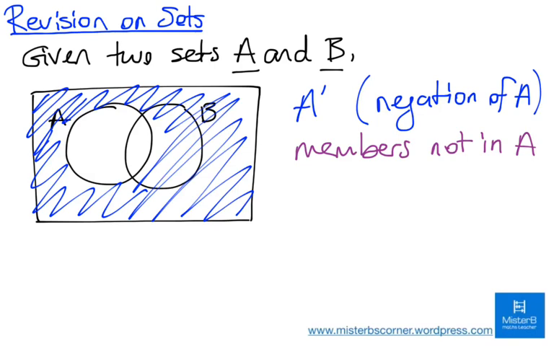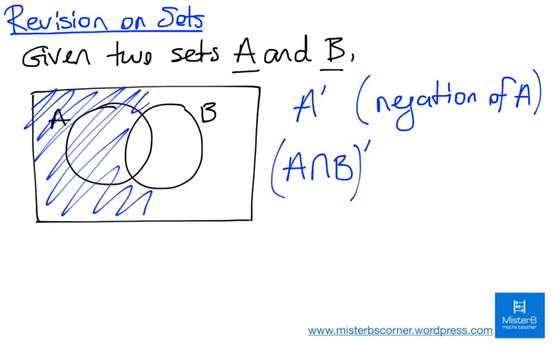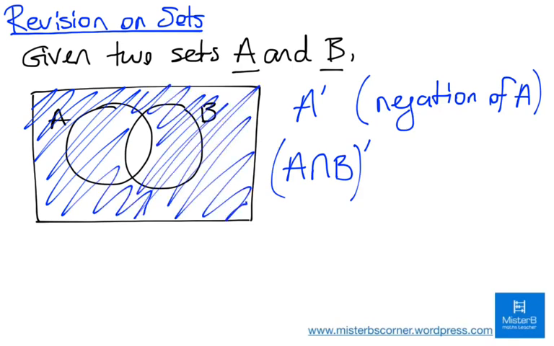Alright, so what if I write A intersection B and I put a negation, right? This means exact opposite of A intersection B. So I should be shading all the regions but A intersection B. Right, so I leave this bit blank. So this is what I want to cut out, this A intersection B negation.